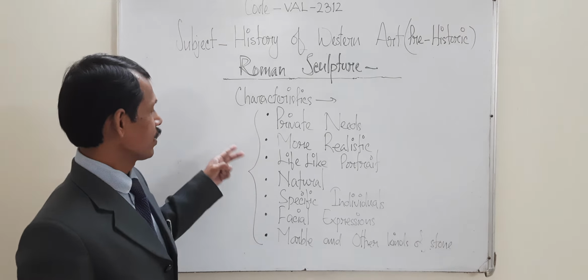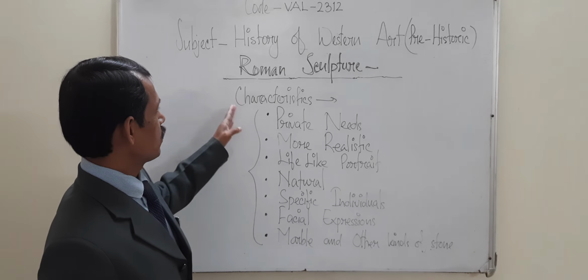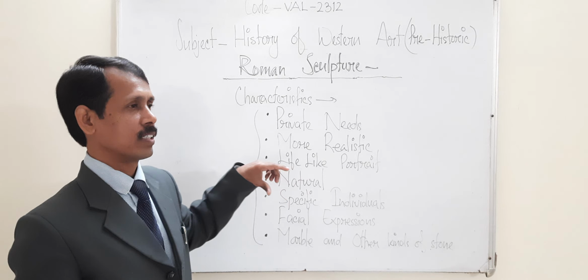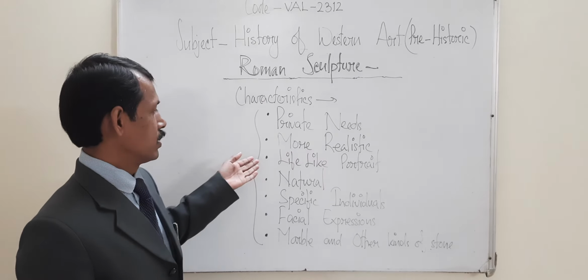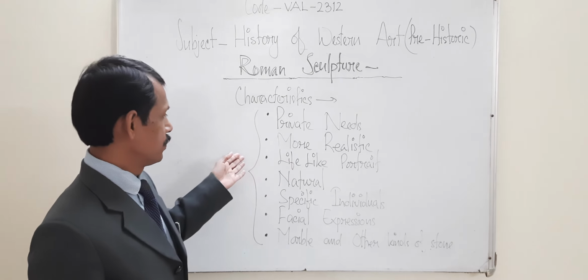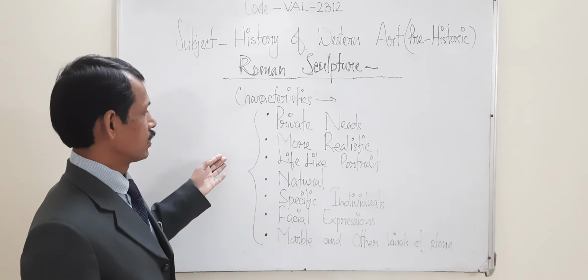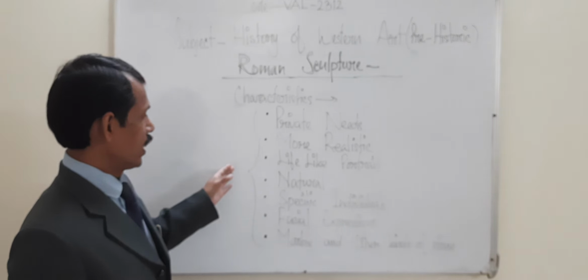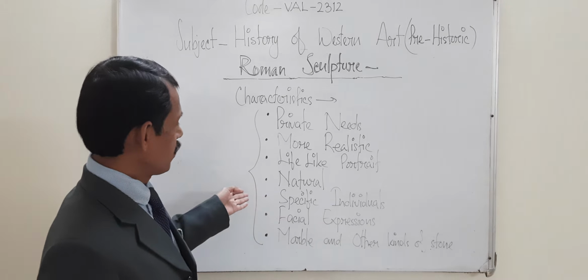I'm just repeating once again that Roman sculpture was made for their private needs, and it was a lifelike portrait. Lifelike portrait, I have already said, is based on life, original work, and it was very natural. It was not artificial, and they made it for specific individuals.